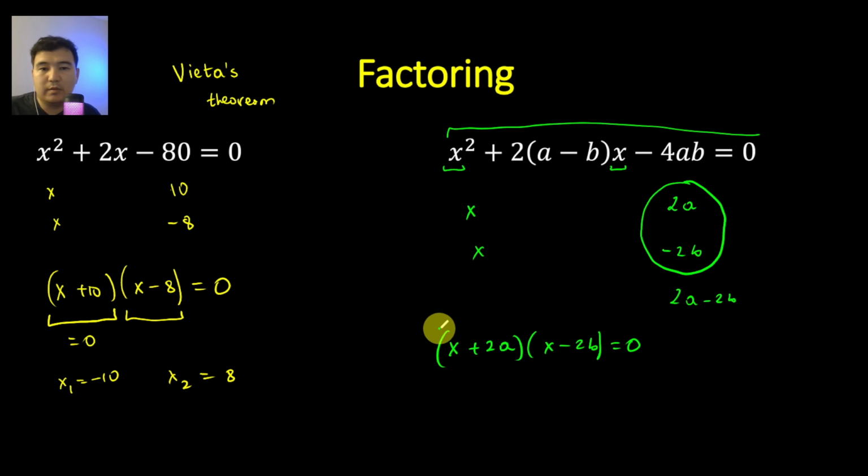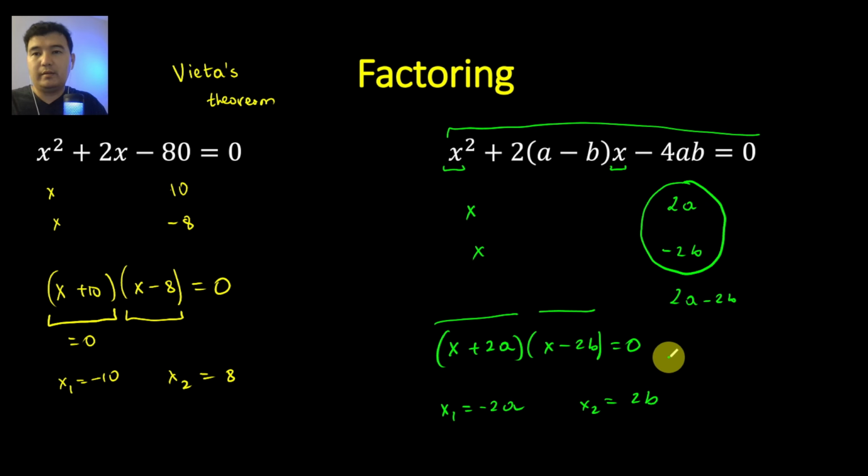Solving the factors separately, x1 is going to be -2a, x2 is going to be just 2b. So the idea is that the unknown is still x, and we are treating a and b as two different numbers. What we have is two roots, negative 2a and 2b.